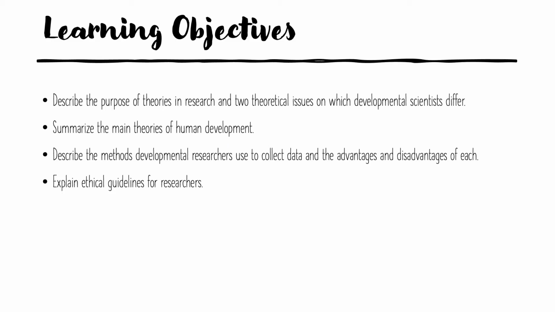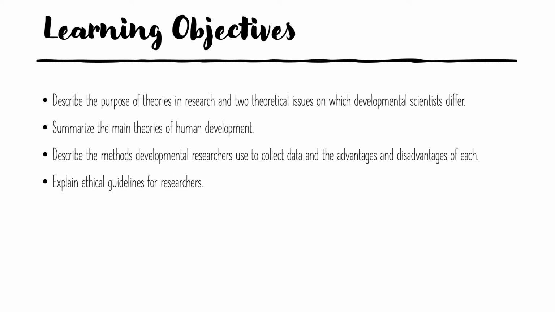Let's begin by reviewing your learning objectives for this week. First, you should be able to describe the purpose of theories in research and two theoretical issues on which developmental scientists differ. You should be able to summarize the main theories of human development.